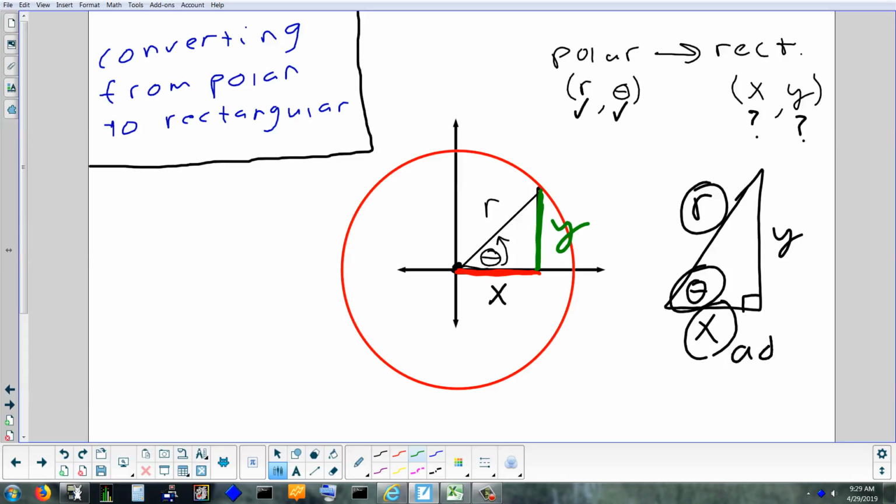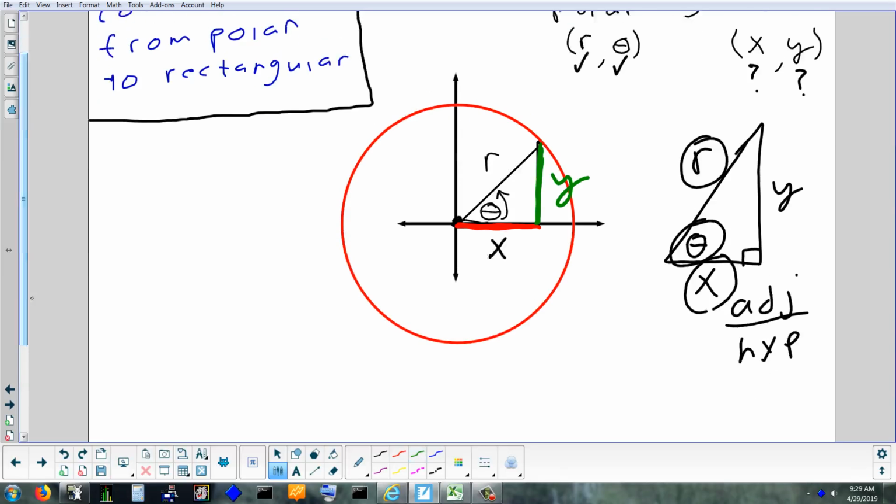So hypotenuse, adjacent. Those are the two sides I'm using. What trig function involves those two? Adjacent and hypotenuse. Cosine, yep. So the formula to find x is going to involve cosine. So I have the cosine of my angle equals adjacent over hypotenuse. Now fill it in. Adjacent is x, hypotenuse is r.